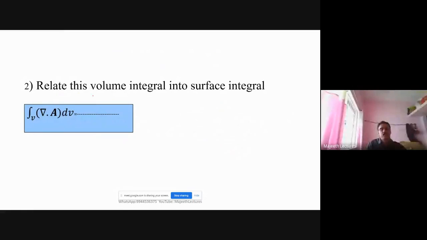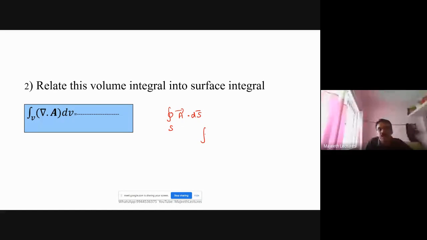Now you see, relate this. This is a great exam question. Relate the volume integral into surface integral, which is nothing but our divergence theorem. Del dot A dV means it is closed surface A dot dS. Fine. So please remember, it is closed, it must be surface.